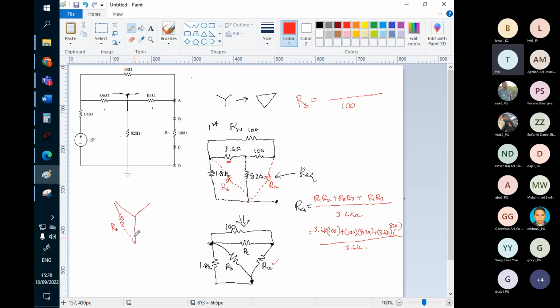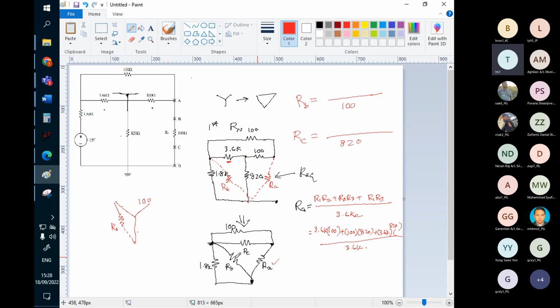These two are adjacent to RB, but this one is opposite to RB. So this one is actually the 100 here. These two are the 820 and 3.6K. They are adjacent to RB, but the opposite one is 100. So the opposite one you put at the denominator.